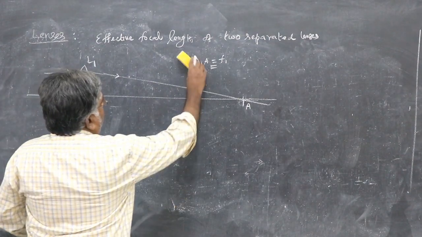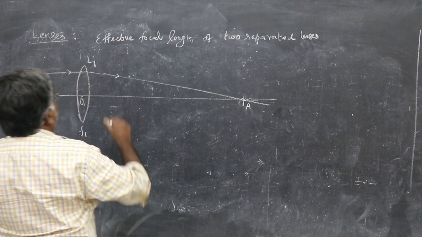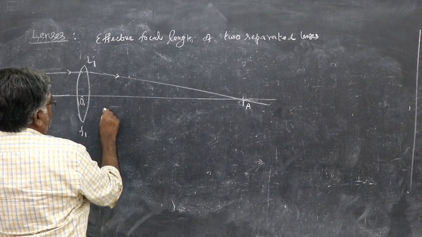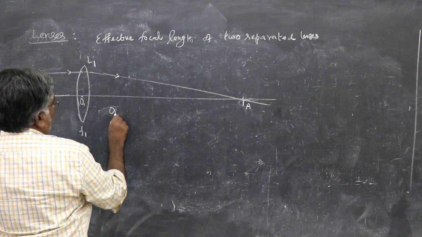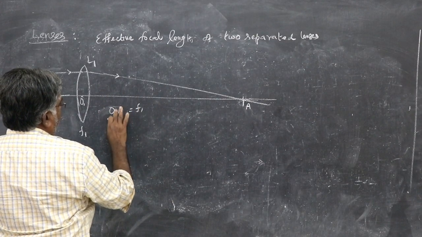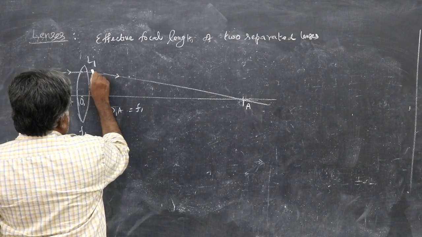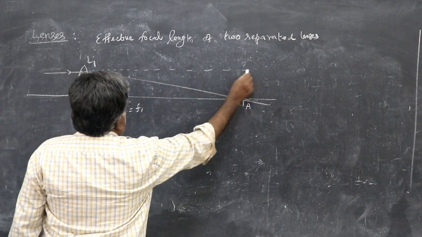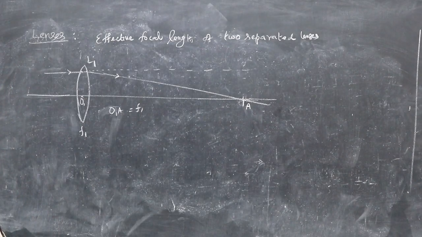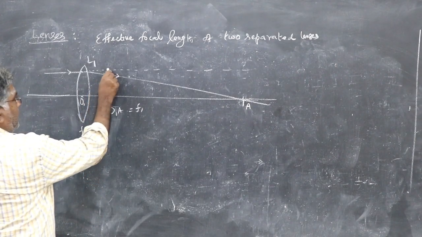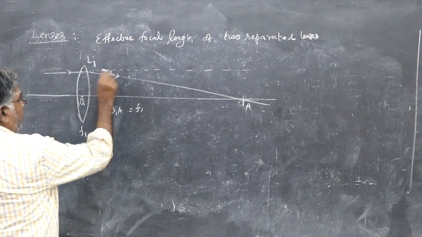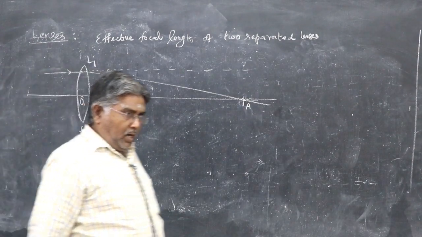Now what do you do? I just write it here. O1A is f1. Okay. Now consider or extend the incident ray which is parallel to the axis. Now this is called deviation, delta 1. Actually, what is the deviation?